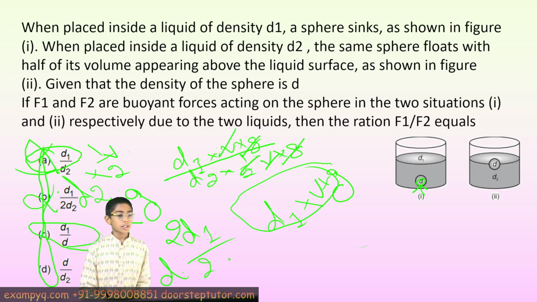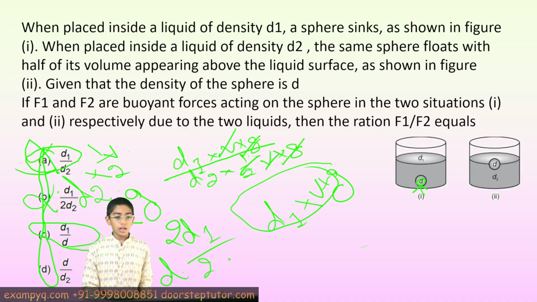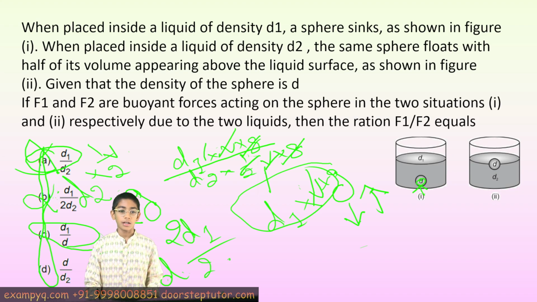In the third choice, it is d1 upon d. We can see that since the sphere is floating, the downward force acting on the sphere is equal to the upward force acting on the sphere.